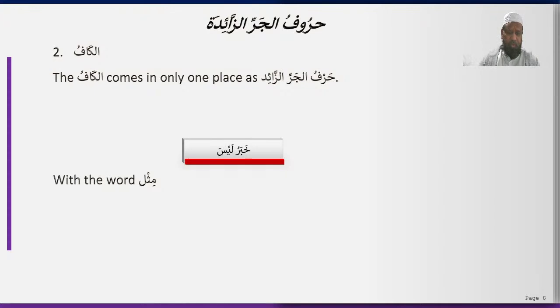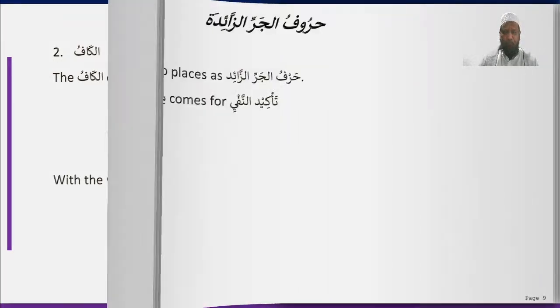Okay, so ba in three places: خبر ليس, خبر ما المشبهة بليس, and فاعل kafa. The ba comes to give a stronger meaning, and the kaf comes only in one place as harf jar az-zaid, which is the khabaru laysa, and it only comes with the word mithl.